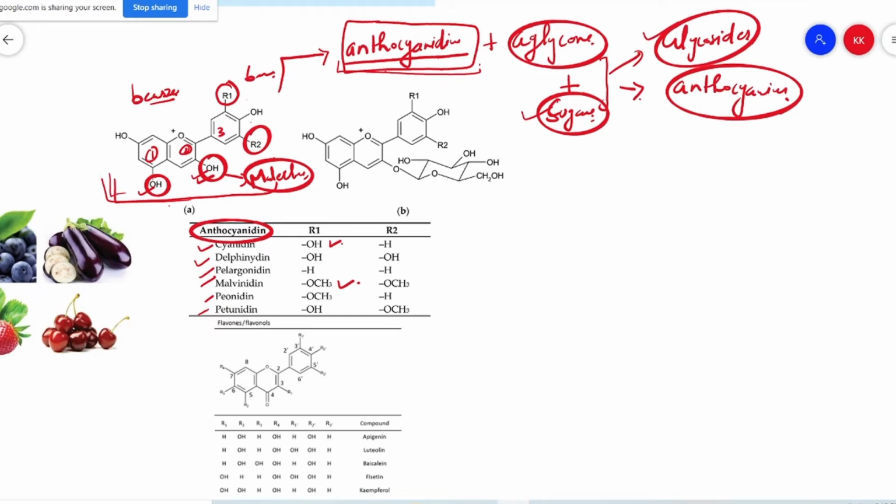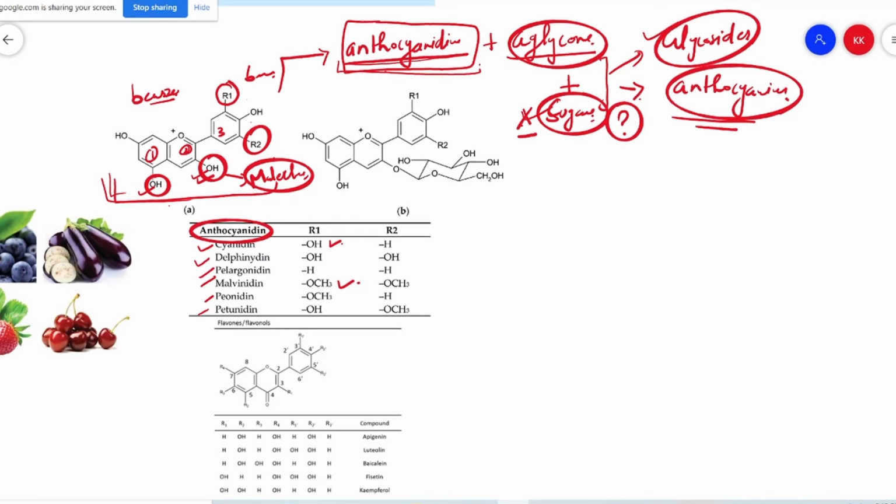In the same way in anthocyanins, when there is no sugar molecule, this is called either an aglycone or anthocyanidin. When a sugar molecule is present in the esterified form, then these are called anthocyanins. Right? Now the question comes, what type of sugars can be present with the aglycone ring structure?